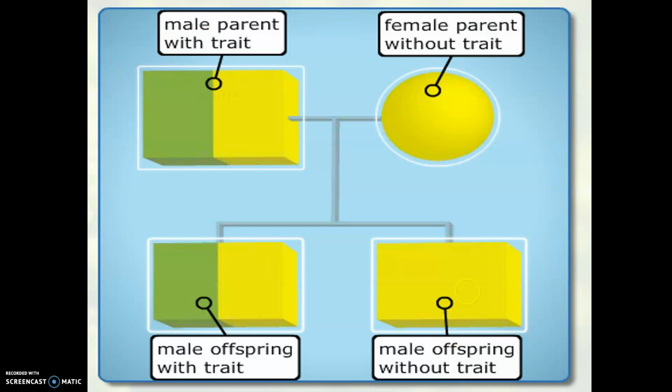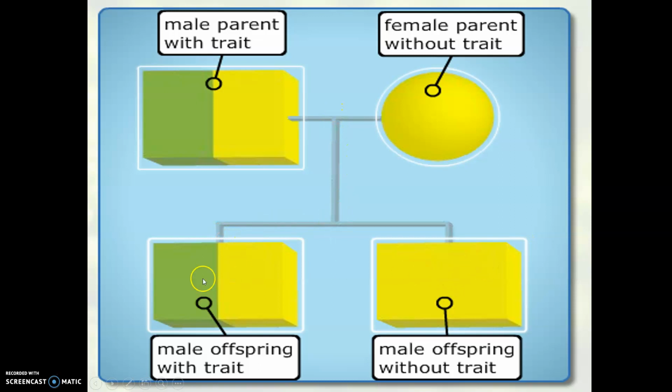So a square here is a male parent, and a circle is always the female. So a male parent with the trait, you've got part green, part yellow. This is the female parent without the trait. So the trait here is represented in green. Now, when these two organisms, maybe it's a pea plant, come together, you can have these offspring, okay?